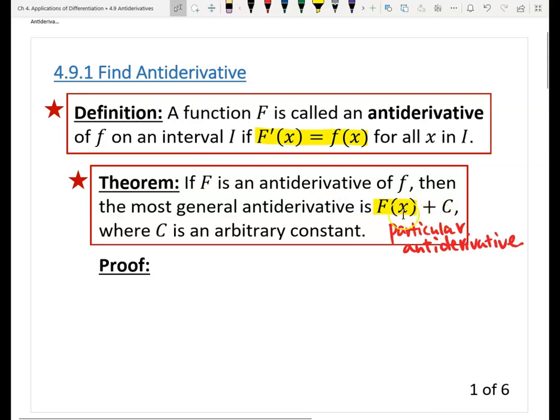Does that make sense? If we know one particular antiderivative and then just plus any constant number, that's all the antiderivatives.